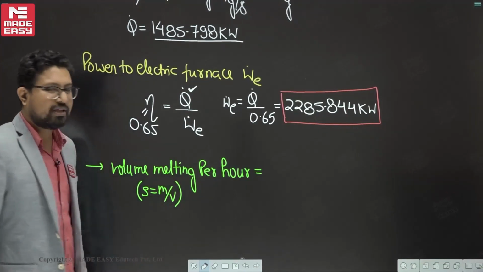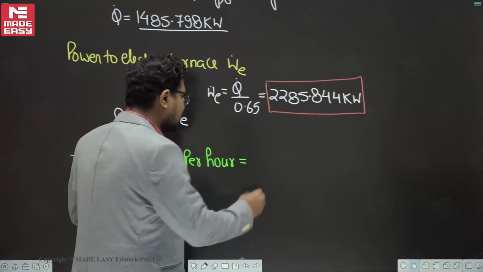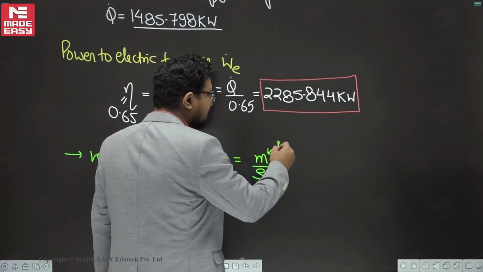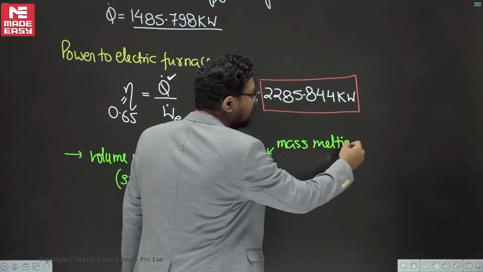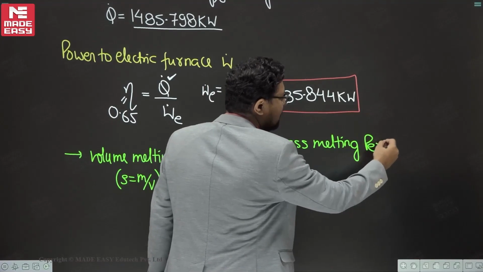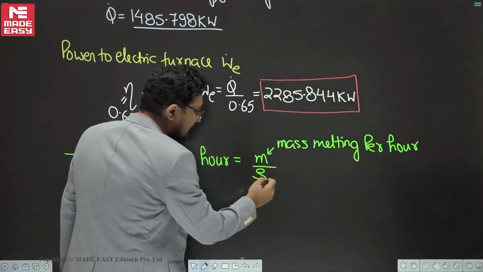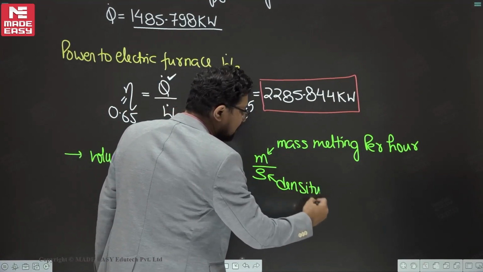So, if we want volume, we will have to write the mass upon density. So, this will be equal to m upon rho. This is the mass melting per hour, the amount of mass melting per hour. In 1 hour, how much mass is melting? That is this, and this is the density of the melting mass.